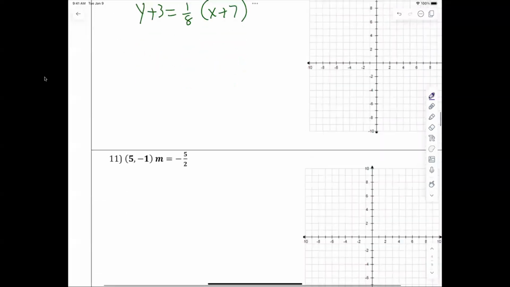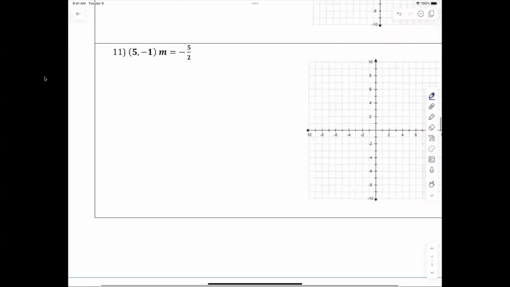All right, Mr. Wash, number 11, give me the equation. Y plus one equals negative 5/2 in parentheses, x minus one. You are amazing. Now graph it. Explain to me how to graph.